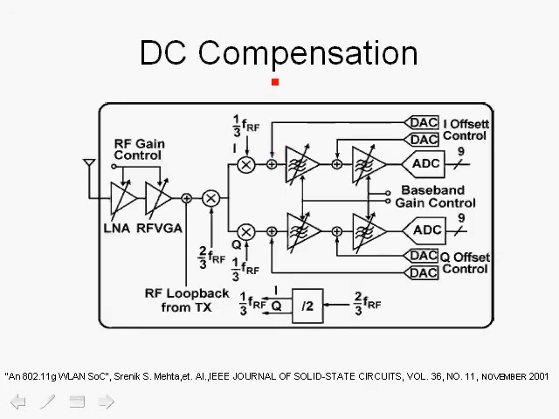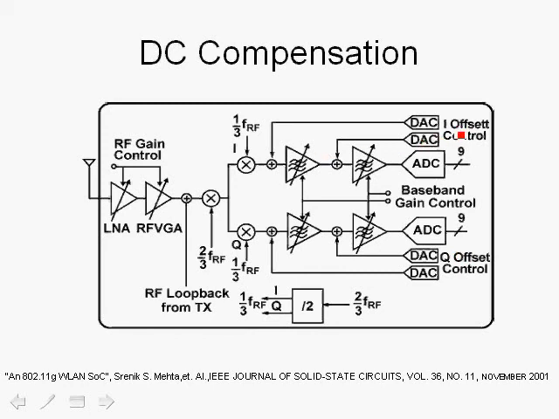Here we show the DC compensation for the Atheros system on a chip for 2.4 gigahertz, and you see that there are feedbacks from the baseband digital signal processing back into the analog front end.